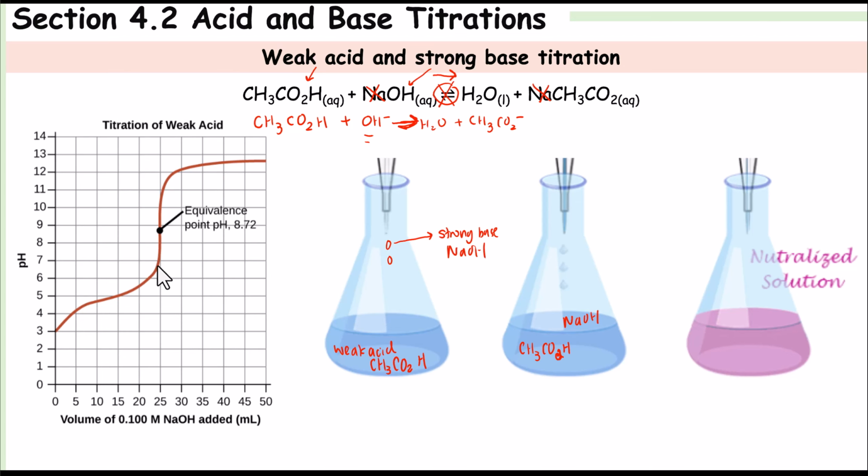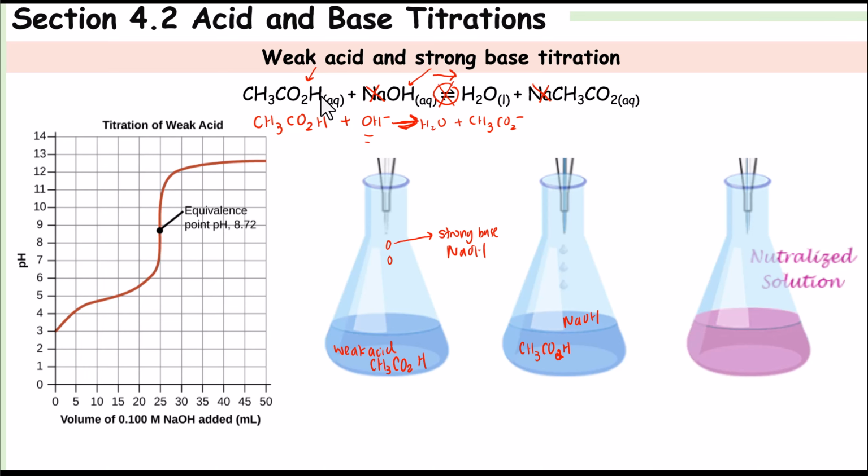Then at a certain point, also known as the equivalence point, that is where the concentration of the weak acid and the concentration of the base are equal. So pretty much all of the H has been taken out. I apologize for the pause.